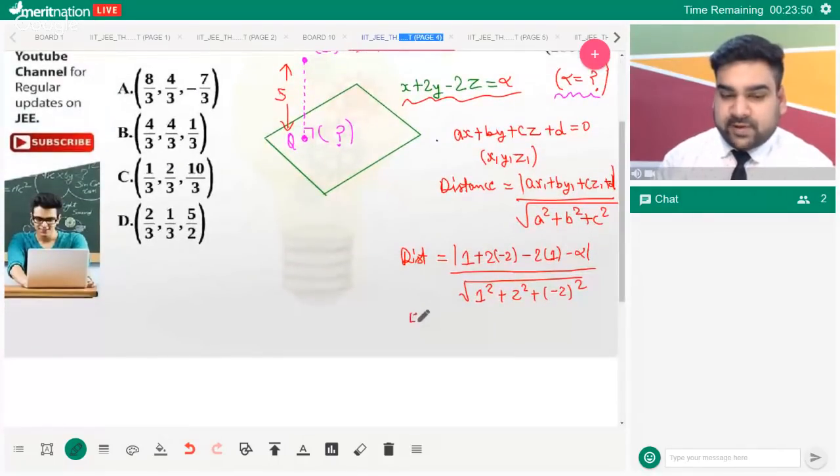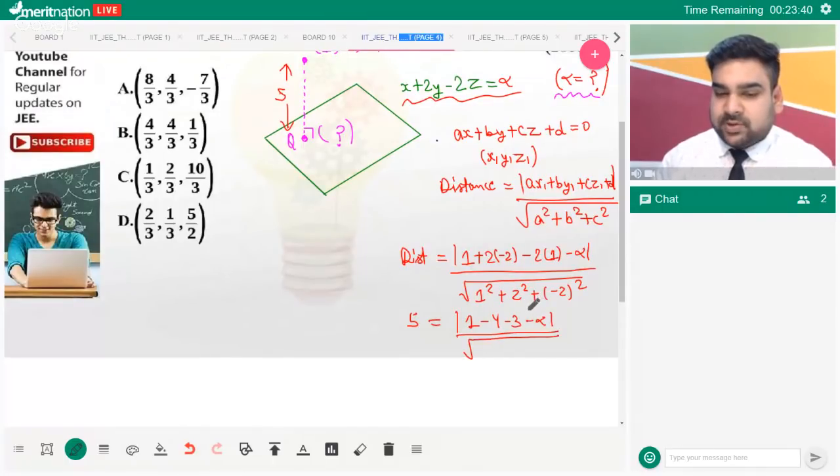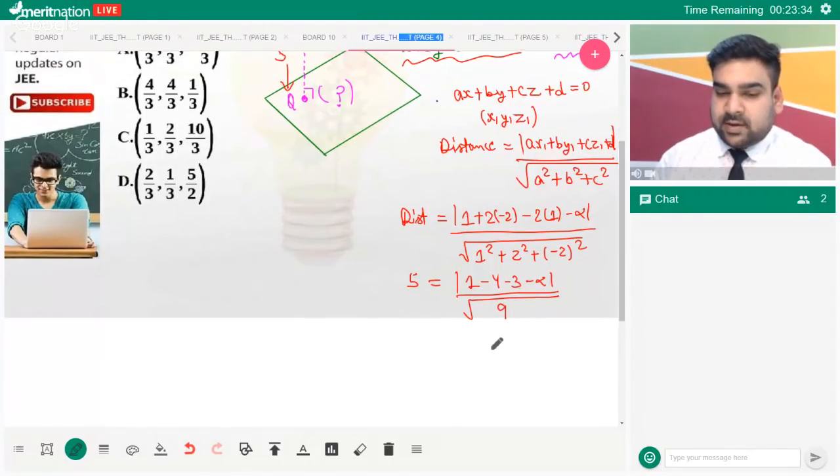So I can write 5 equals mod of (1 minus 4 minus 2 minus alpha) divided by square root of 1 square plus 2 square plus 2 square. This value will be equal to what? 9. Square root of 9, 3. If you take this on the left hand side, you will get 15. That's equal to mod of minus of (6 minus alpha).